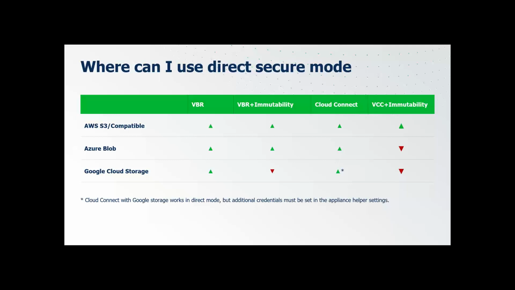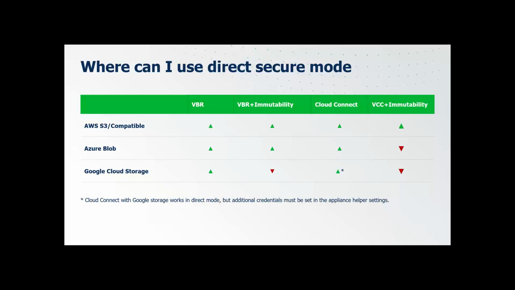If you want to apply immutability, because we didn't talk about this specifically, but immutability is totally supported in this design. So all the S3 object lock or the Azure object lock works. It doesn't work for Google Cloud Storage because there is no object lock feature in Google Cloud Storage. You can set immutability at the bucket level, but this is not the way that it works in Veeam.